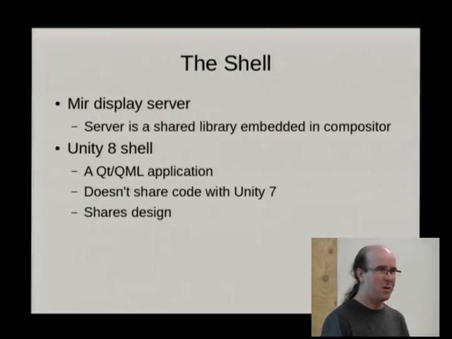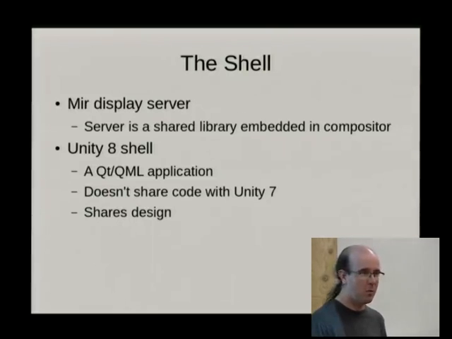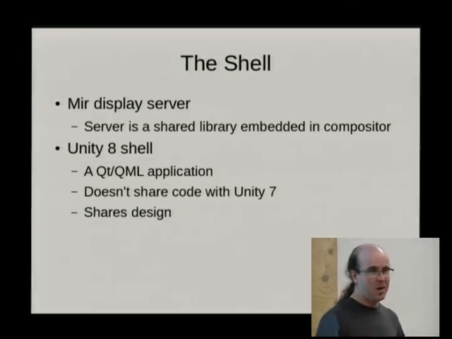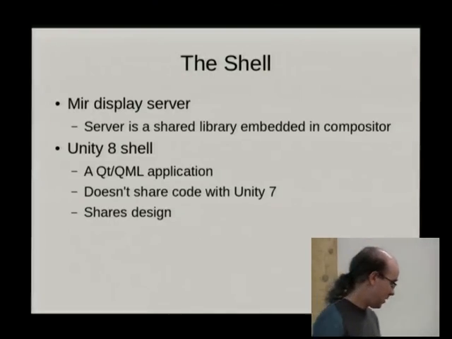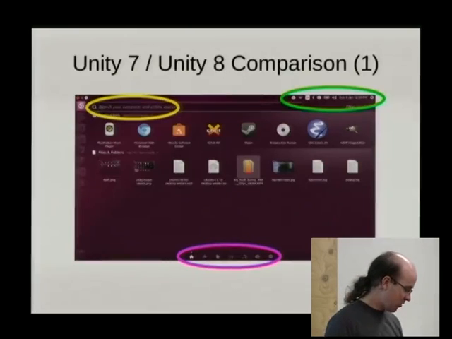I don't know when that's going to be rolled out. So for now, we're running a different version of Unity on the phones compared to what's on the desktop. But again, it shares the design.